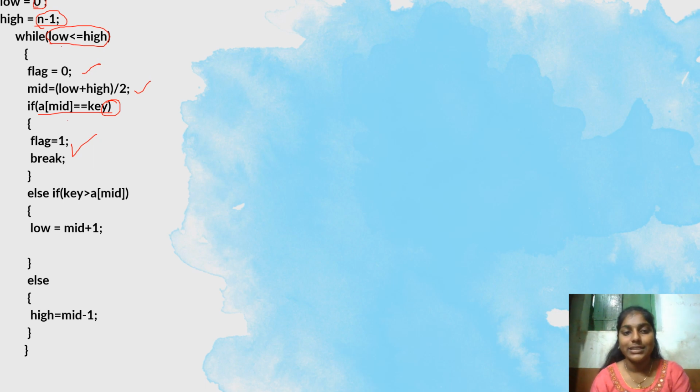If not, then we check whether the search element is greater than the mid or less than the mid. By using the consecutive statements we make the low and high indices different, meaning we move either to the front of the mid or back of the mid. By using that, we can calculate the mid values easily and make the sublist of the list.